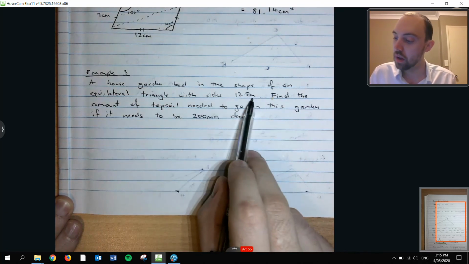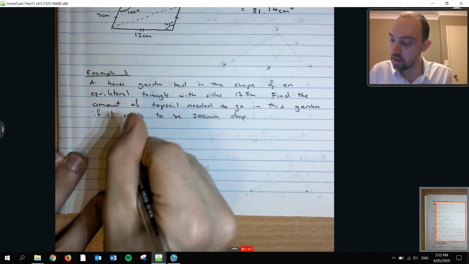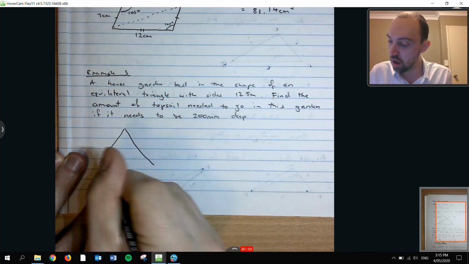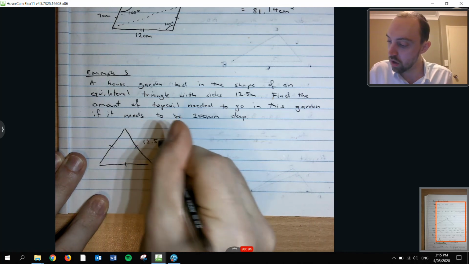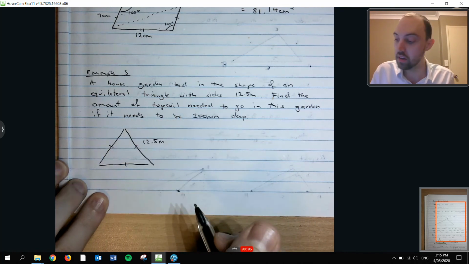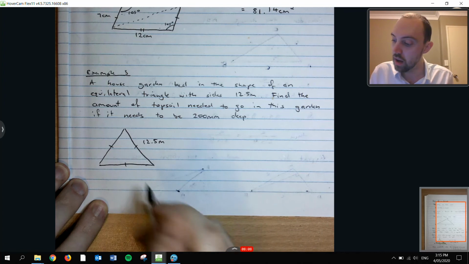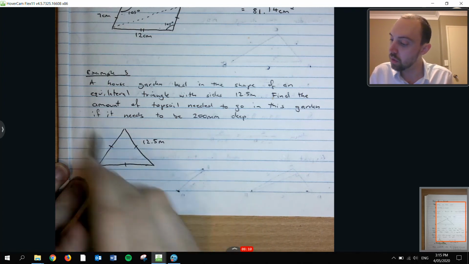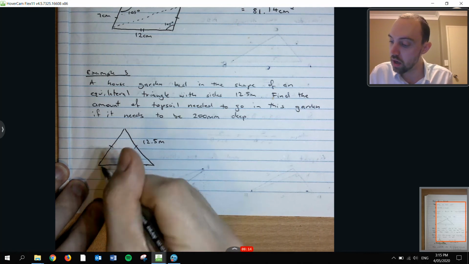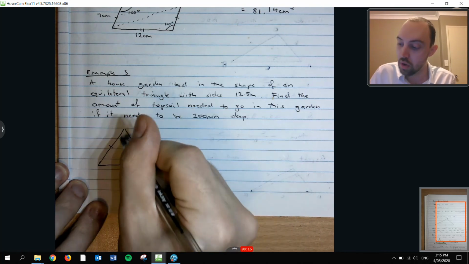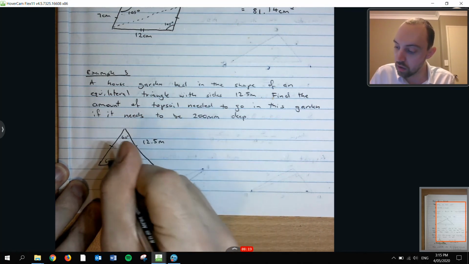Well, let's do a quick sketch. We've got an equilateral triangle. They're all 12.5 meters each side. And an equilateral triangle has 3 equal angles, so they are all 60 degrees.